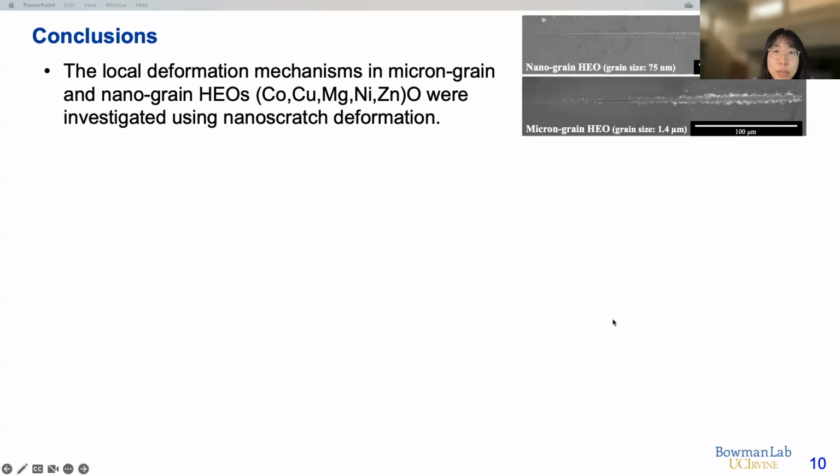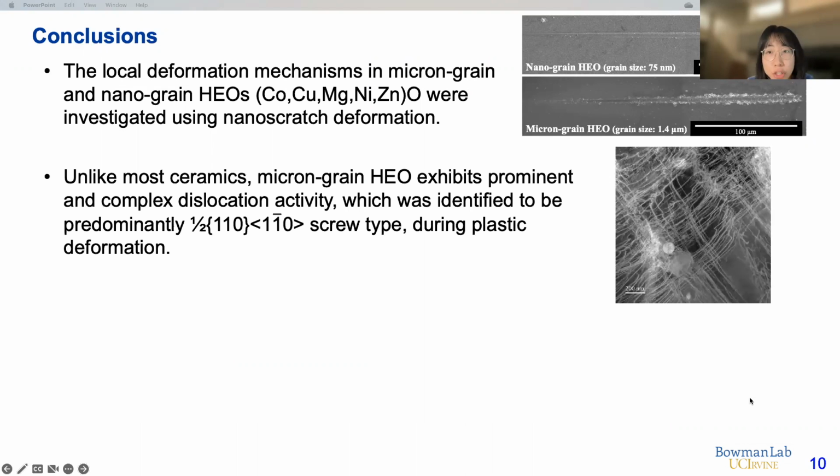So in conclusion, in this paper, we have used nano-scratch tests to understand the deformation mechanisms in this cobalt, copper, magnesium, nickel, zinc oxide high entropy oxide. Unlike most ceramics, this HEO exhibits prominent and very complex dislocation activity during plastic deformation.